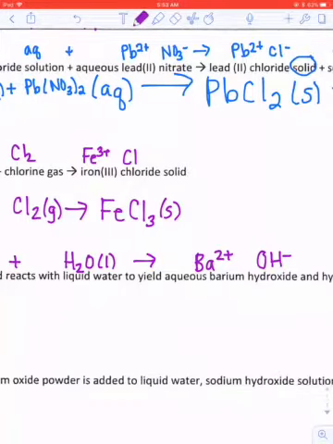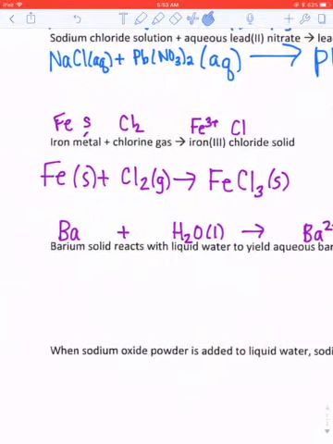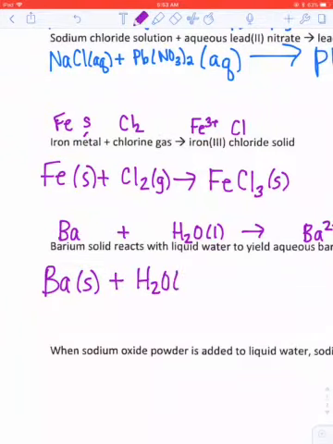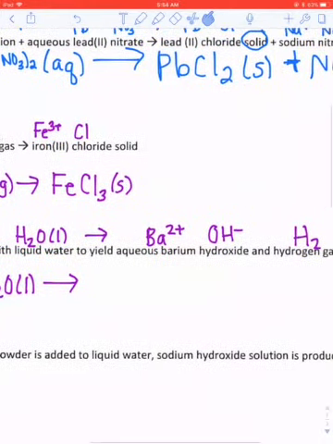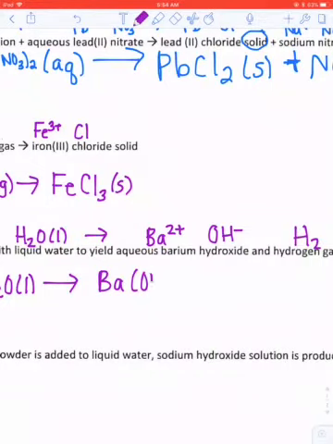All right, so let's bring that back together and write it out as a sentence. It's kind of like a math word problem. You want to first label things and then write it out. So we've got barium, it's a solid, reacts with, that's a plus, liquid water, H2O, liquid, to yield, that's my arrow, aqueous barium hydroxide, so Ba, and to make it neutral, I need 2 hydroxides, and hydrogen gas.